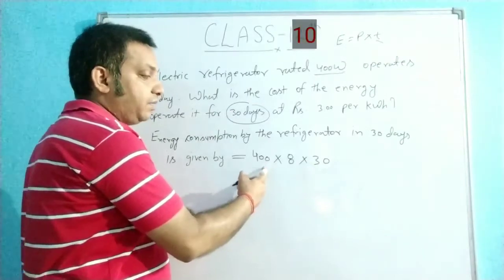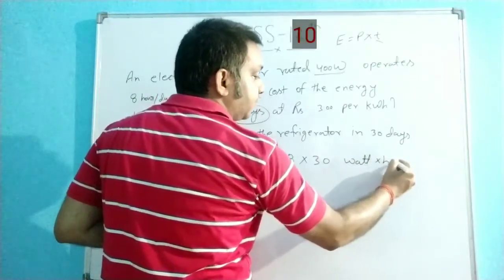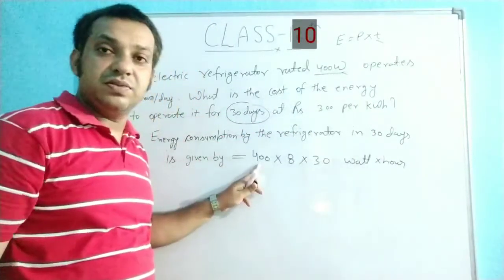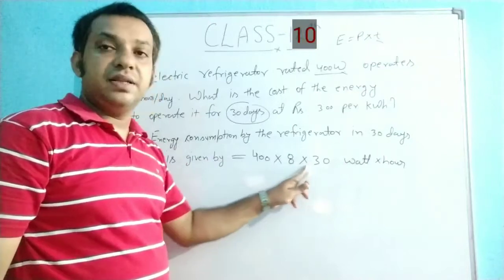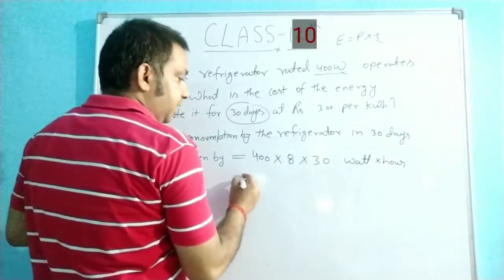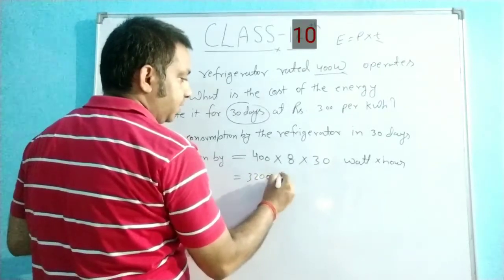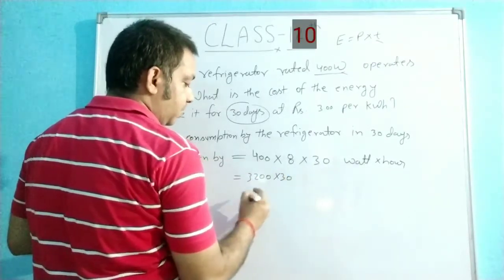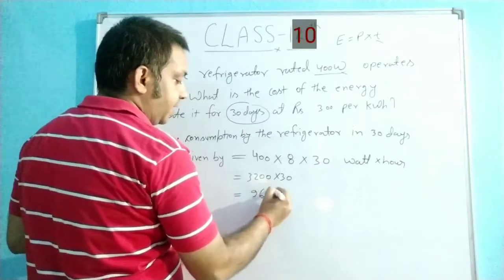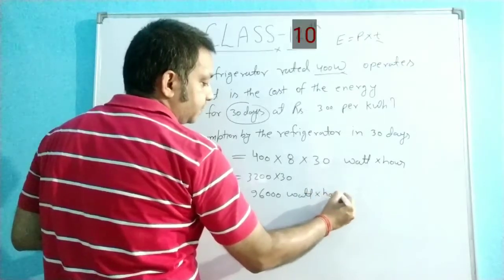This value is given in watt and this one in hour, so the value will come in watt hour. So 400 watt into 8 into 30 hours. 8 fours are 32, 3200 into 30, or 32 threes are 96, so you will get 96,000 watt hour.